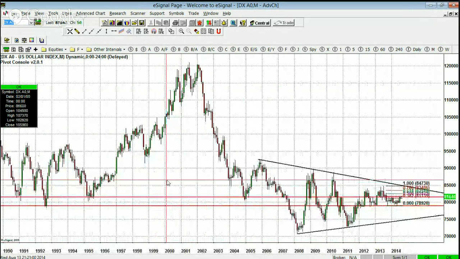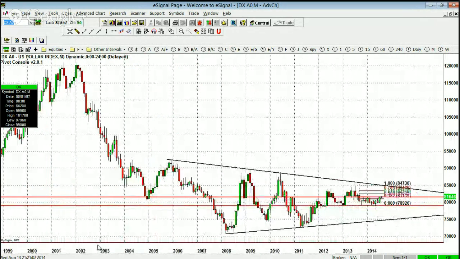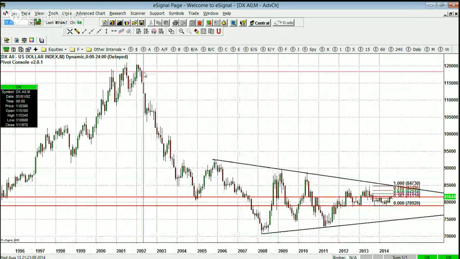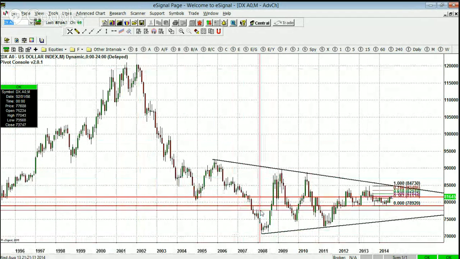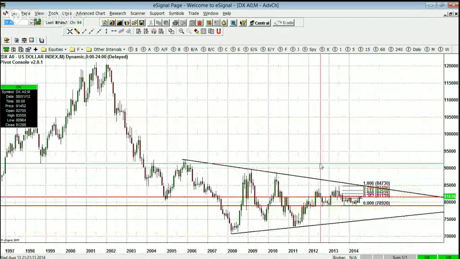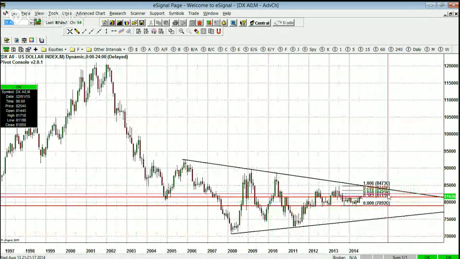I mean, as we can see on this chart, in the period from 2000 to 2008, we saw the dollar move from 120 to just over 70 in the US dollar index. So this market could break from 81 down to 40, and that will be a 50% decline in the value of the dollar.